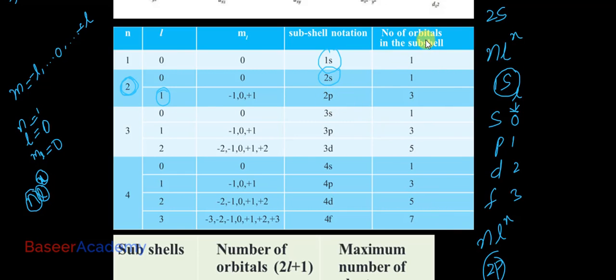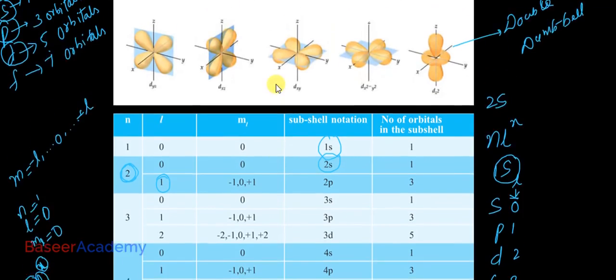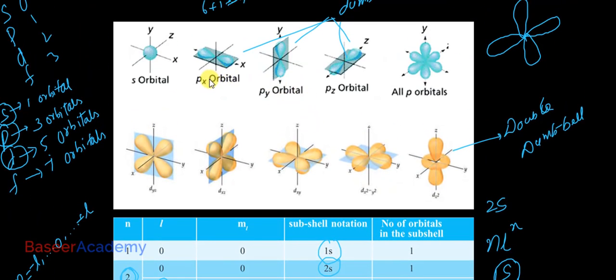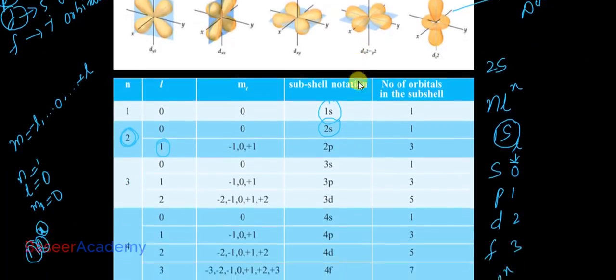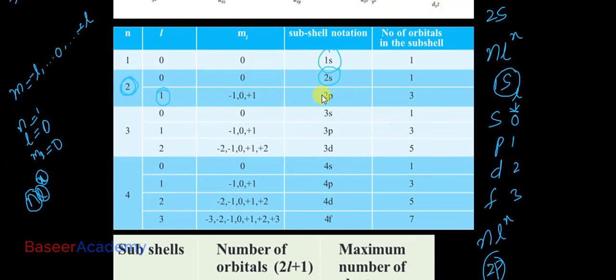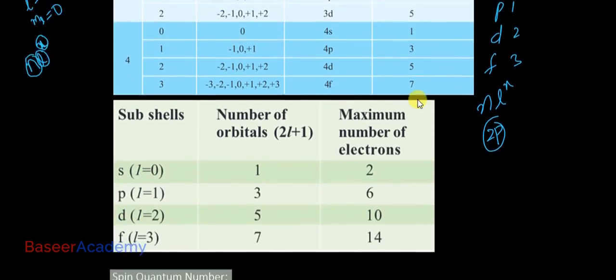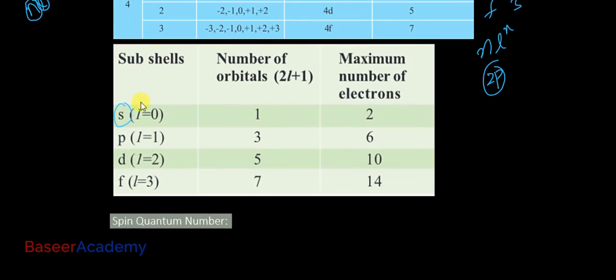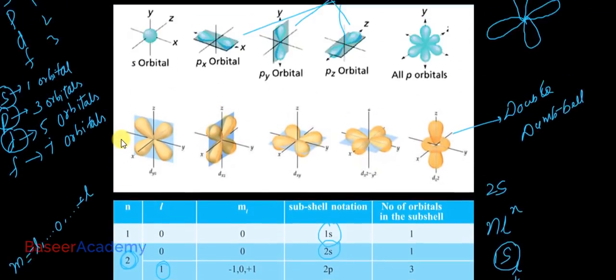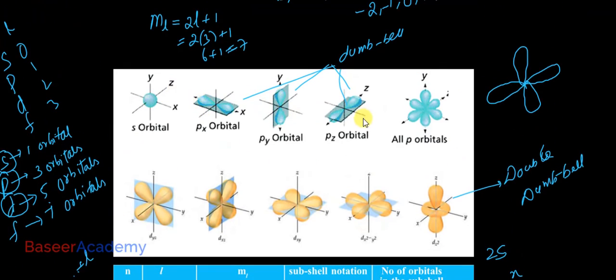And how many orbitals are there in the p subshell? There are 3 orbitals. We have already seen the p subshell is divided into 3 orbitals: px, py, pz. The s subshell will have only 1 orbital, right? p splits into 3 orbitals, px, py, pz.